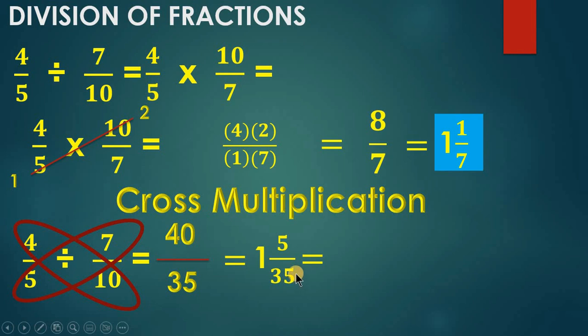Ano yung greatest common factor? So, we have 5. So, 5 divided by 5, that's 1. 35 divided by 5, that's 7. So, 1 and 1 all over 7. Okay, so, naintindihan? Diba, madali lang mag-divide gamit ang rules for multiplication of fractions.